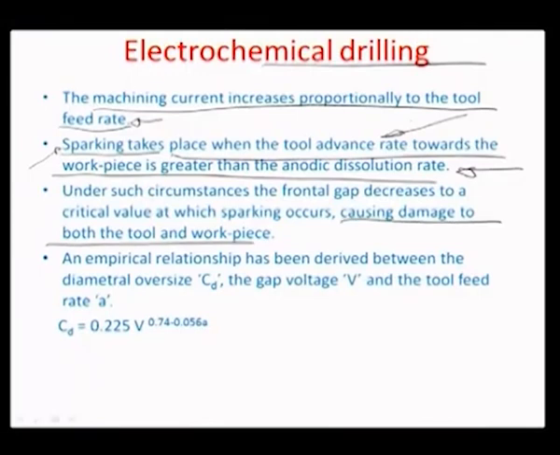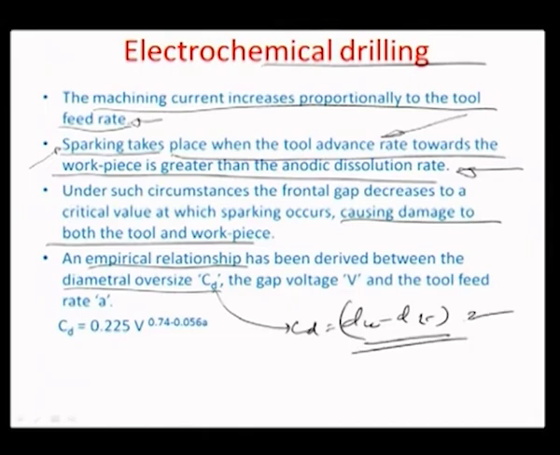Of whatever has been experimentally determined, there exists an empirical relationship between the diametral oversize CD, which is equal to the workpiece diameter minus the tool diameter, as we have just seen in the last schematic, and the gap voltage V between the frontal end of the tool and the workpiece surface.